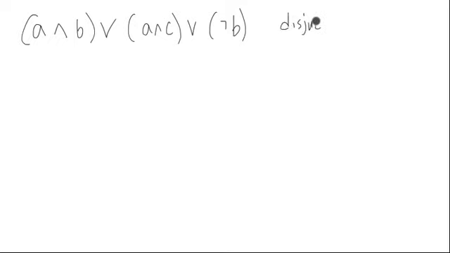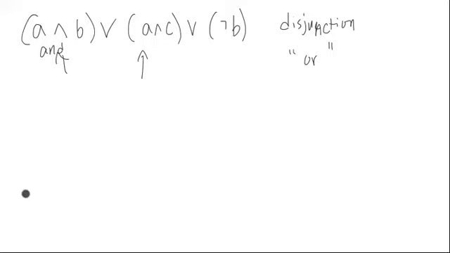Disjunctive, you can think of a disjunction as kind of like an or. And what's being ored together? Well, things with ands only. So it's kind of like there's and things happening and there's or things in between. That's called disjunctive normal form.